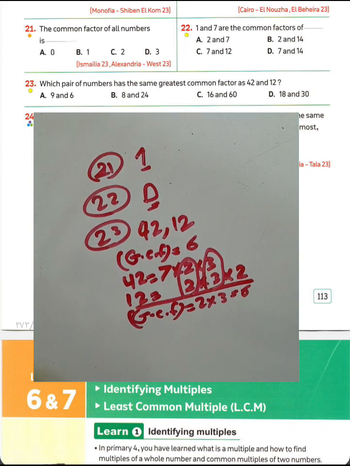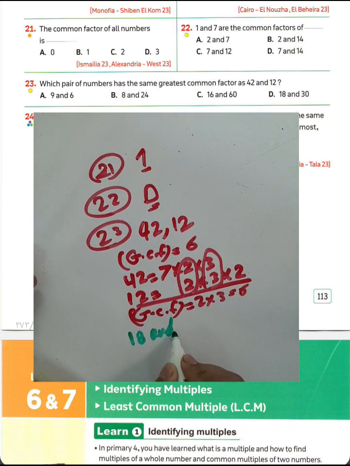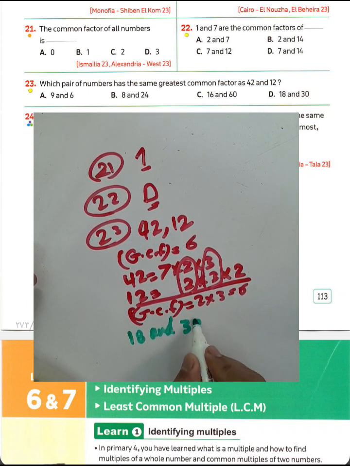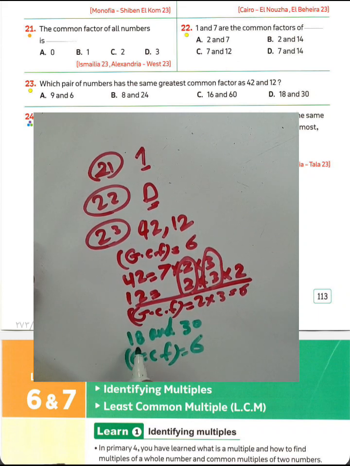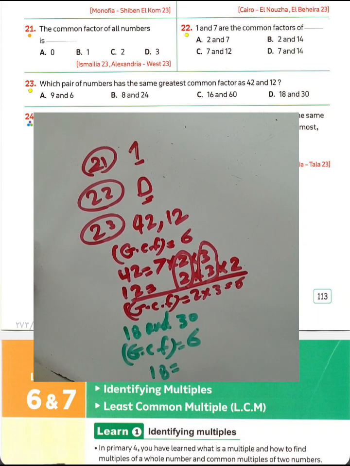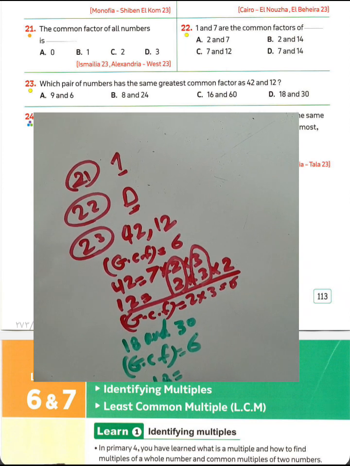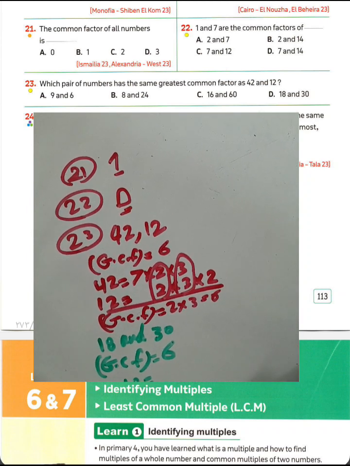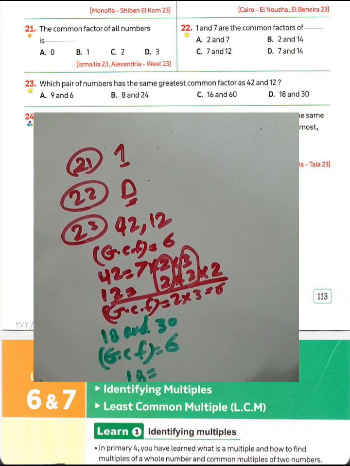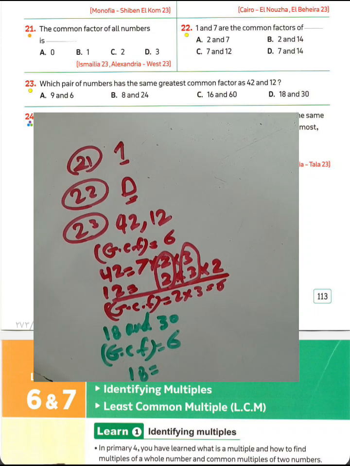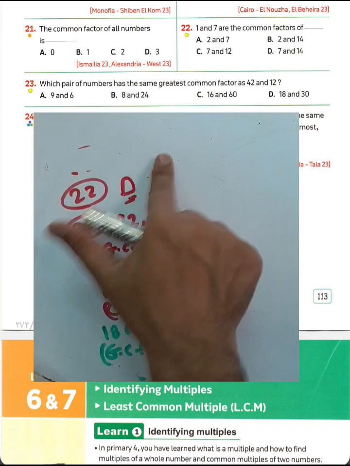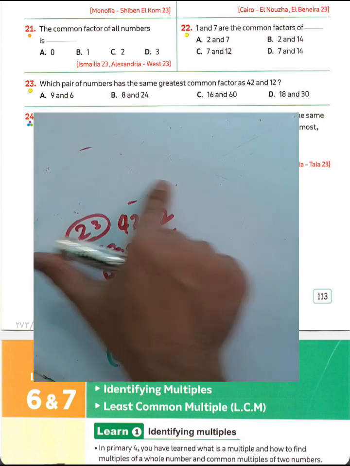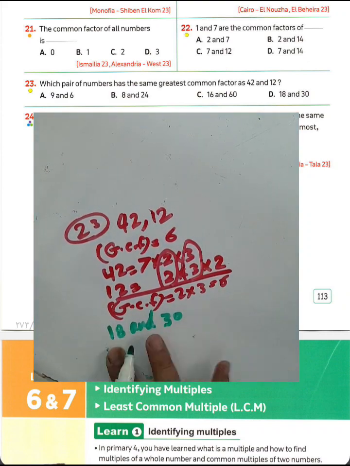Now, in this example, which two numbers do I want to choose? I will choose 18 and 30, because the greatest common factor between them will be 6. Why? Because 18 equals what? Can you tell me? 18 equals 6 times 3. I will solve it up here to show the steps. We want to find the greatest common factor between 18 and 30.